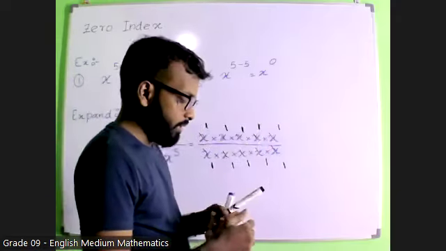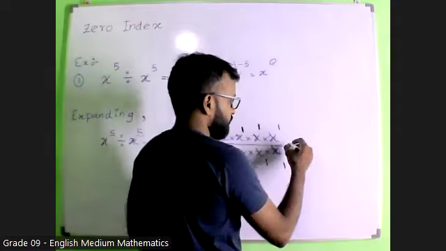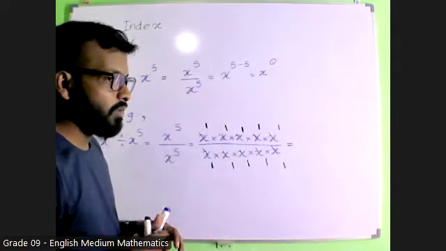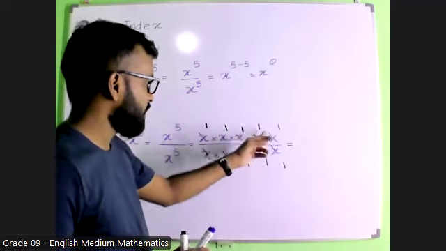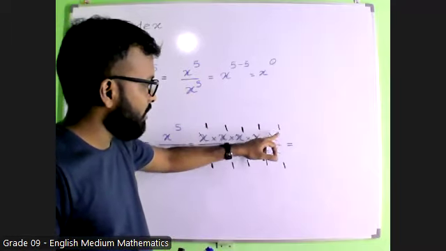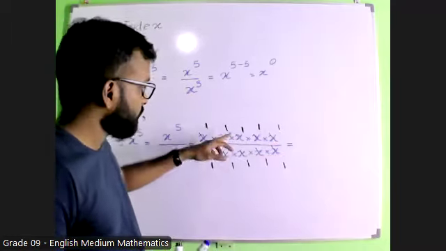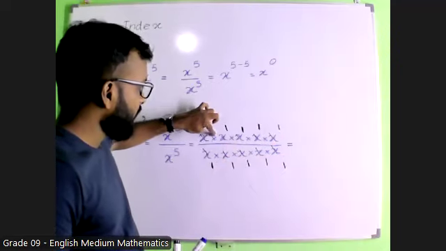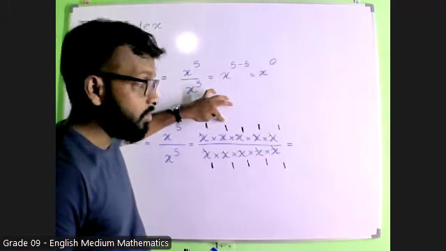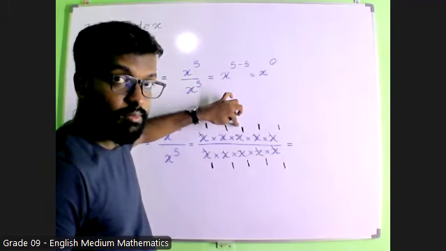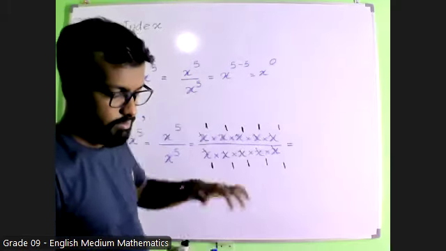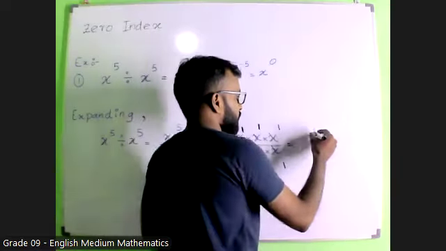What is the answer in the numerator? 1 times 1 is 1, 1 times 1 is 1.